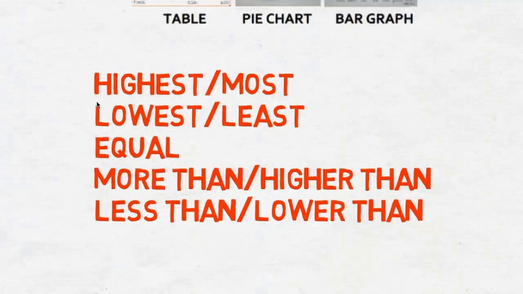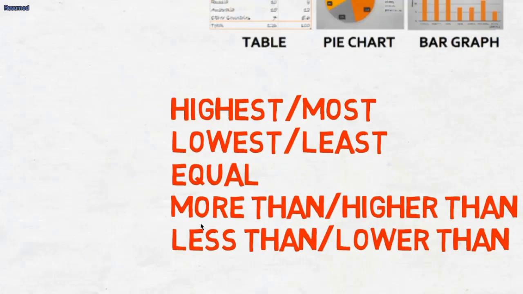You say the highest, the lowest, the most, the least because these are superlative adjectives. You can also use more than or higher than, or less than or lower than. Remember, you don't have to use the exact word that is given to you in this particular activity.